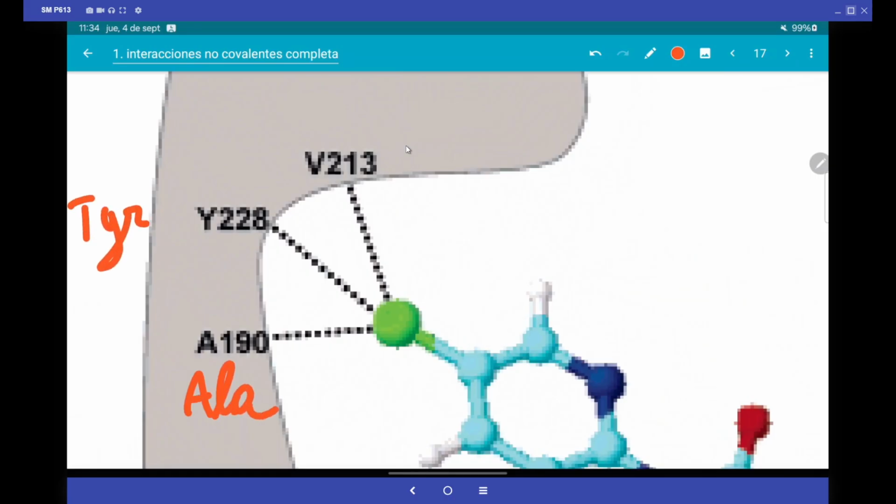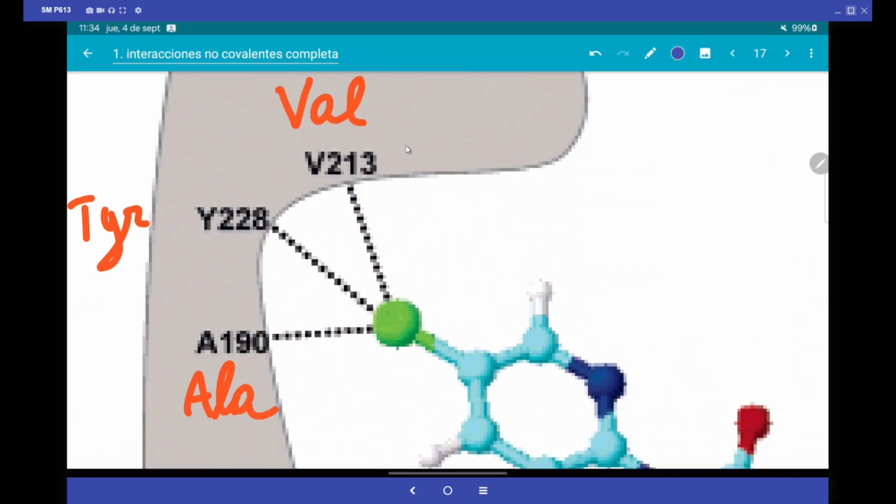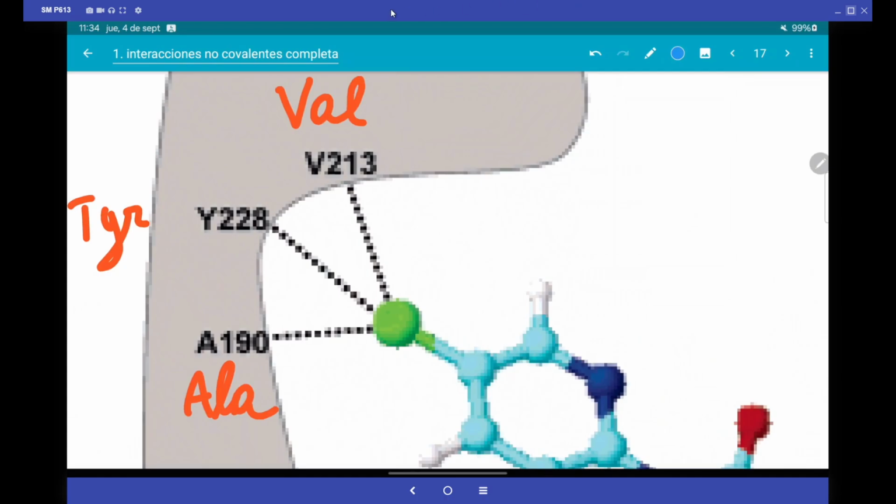Which is more likely, based on what we explained at the beginning about the angle at which a halogen bridge is carried out? The angle for the halogen bridge has to be how much, 120, 180? With the tyrosine it is a straight line here, in the image. There we have 180 degrees, and therefore there we have the halogen bridge.